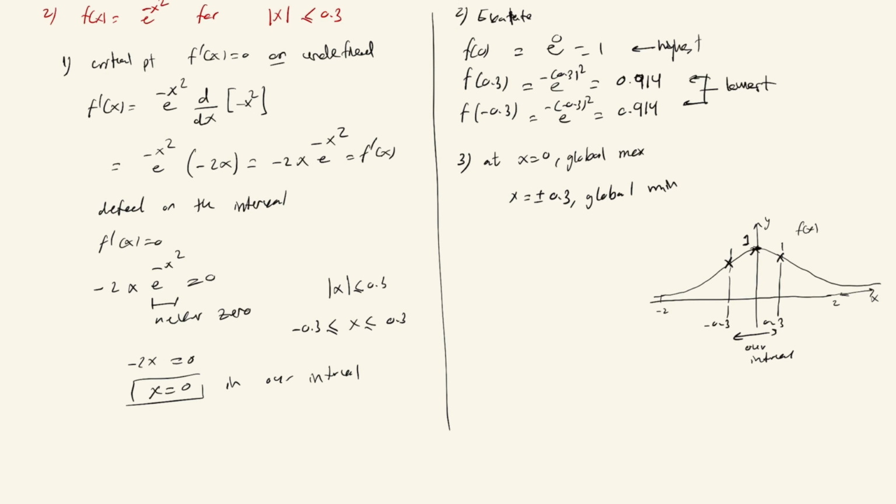Notice here at 0.3 and minus 0.3, this is the lowest value of the function on our given interval, and the highest value of the function is at x equal to 0, which is again 1. Therefore our function is bounded between the lowest value, which is 0.914, and the highest, which is 1.